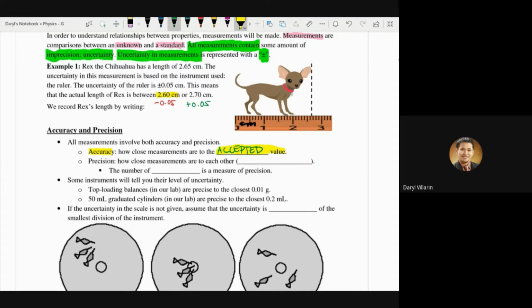Again, usually you see this in tables. Let's say, for example, here in Vancouver, we have a particular accepted value of acceleration due to gravity.